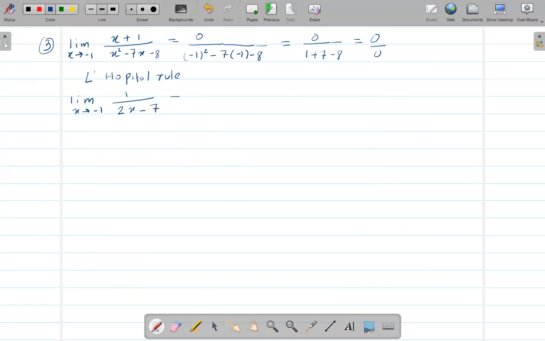So now we get 1 over, if x goes to -1, then it will be 2 times -1 minus 7, which is -9. So 1 over -9, or -1 over 9, it's the same thing.